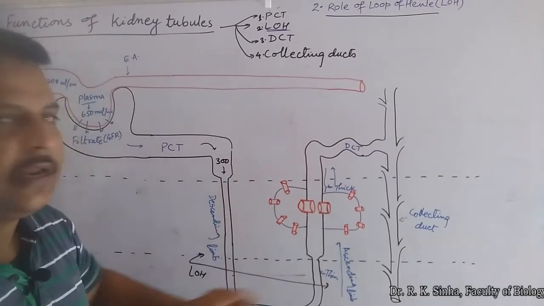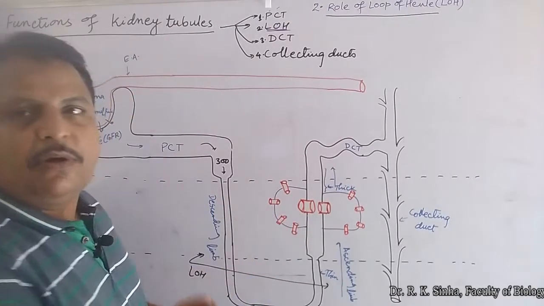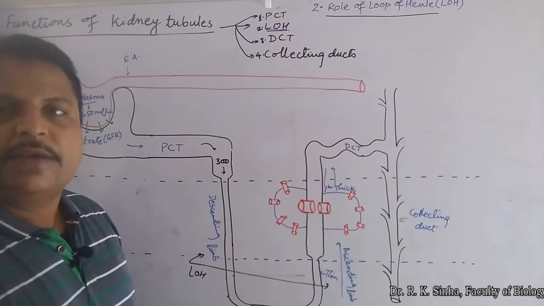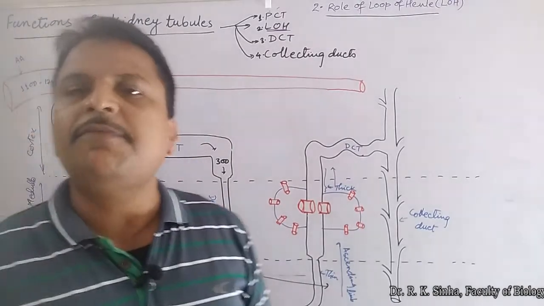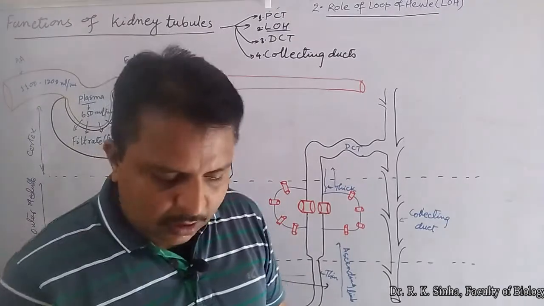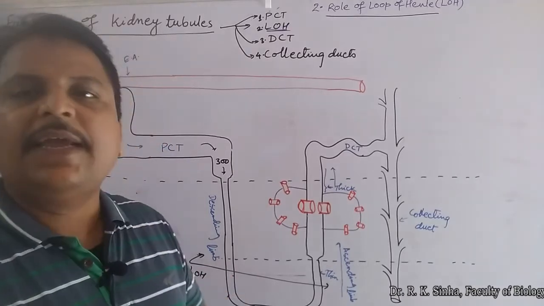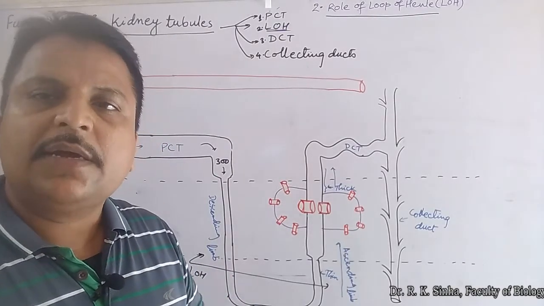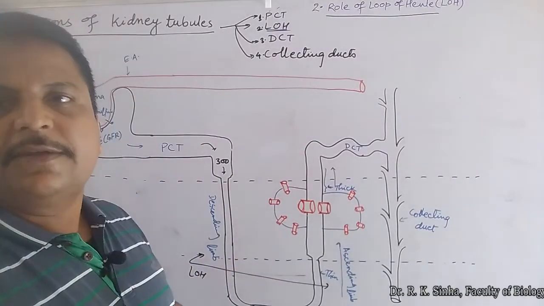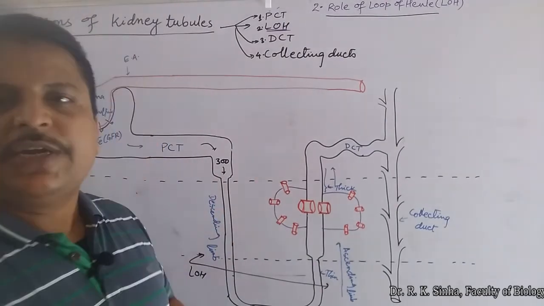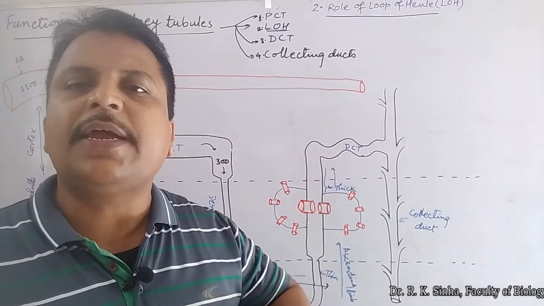This is the interstitial region, meaning the space outside the kidney tubule is known as the interstitial region or interstitial space, and the fluid present here is called interstitial fluid. So the role of the loop of Henle is to maintain hyperosmolar concentration in the inner medullary interstitial region. Once it is generated, it will be maintained in a hyperosmolar condition.